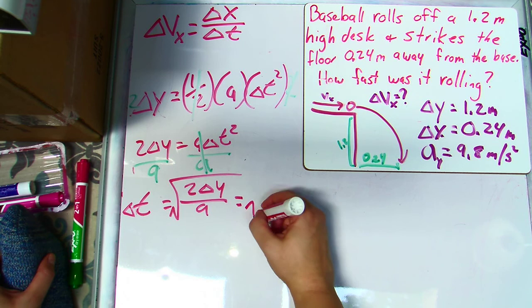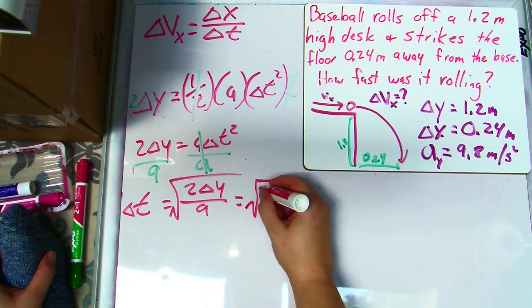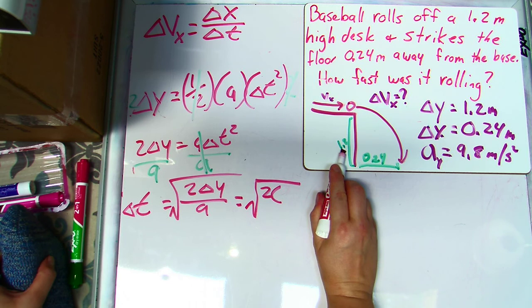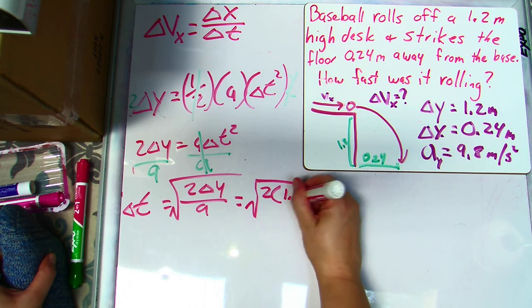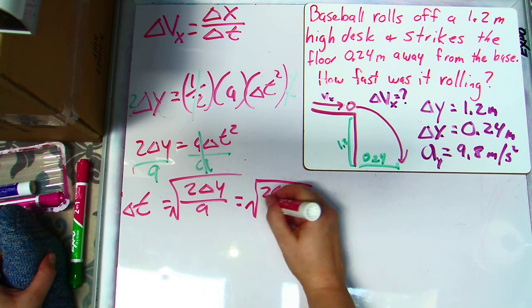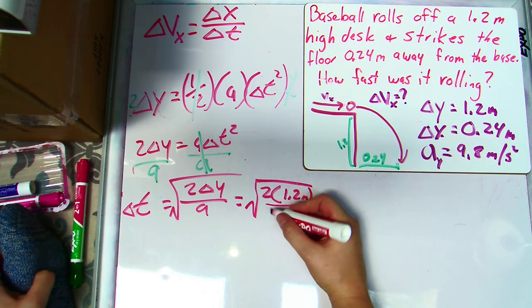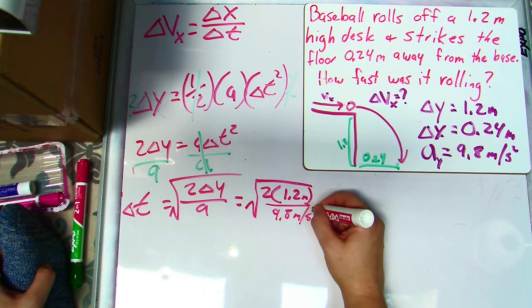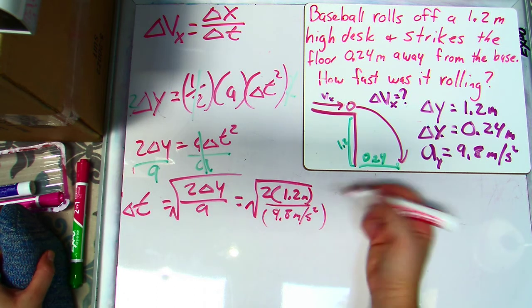So the time would be square root of 2 times the vertical distance, 1.2 meters, divided by the acceleration due to gravity. Now, some of you are probably thinking, but Miss Komar, why are you not putting a negative sign there?